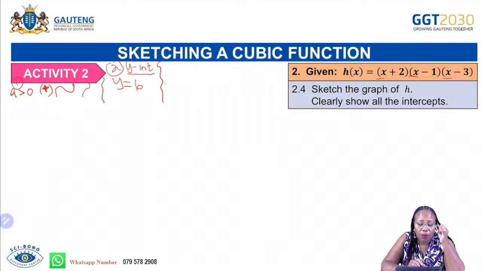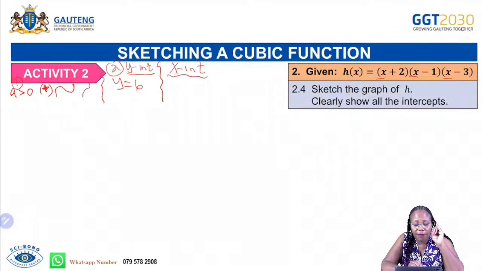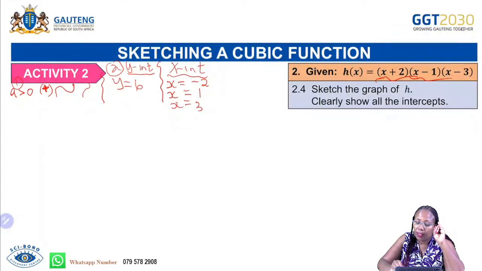And then now we look at the x-intercepts. We have already calculated that when y is 0, the first x-intercept is x equal to minus 2. The other one is x equal to 1, followed by x equal to 3. Remember, we determined that using those given factors. And then thirdly, number 4, the last one, the stationary point, which is your turning point.